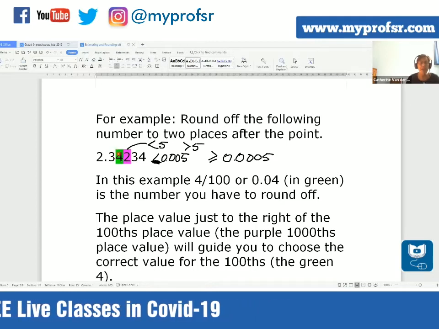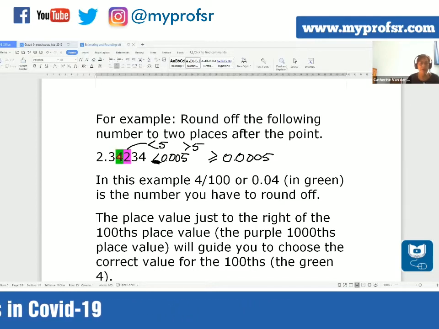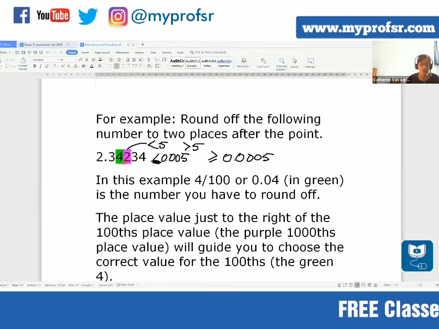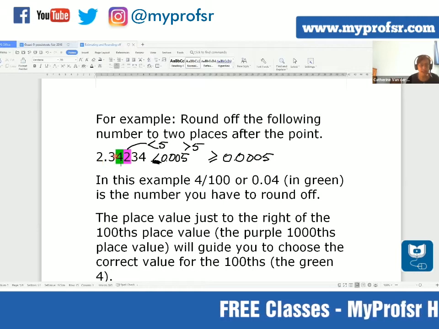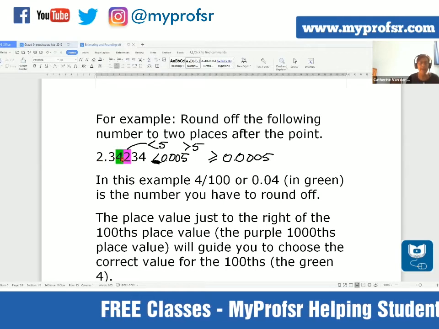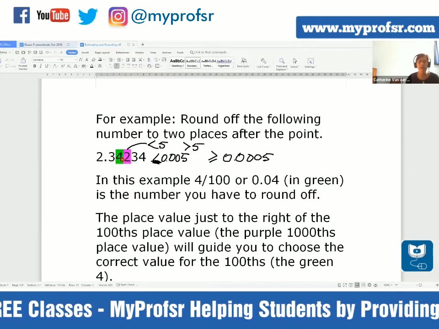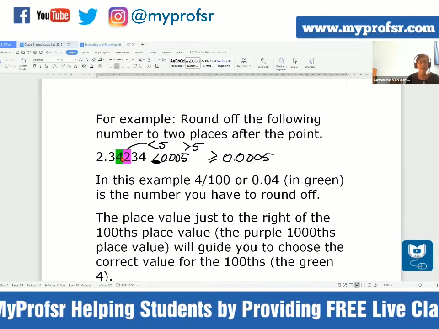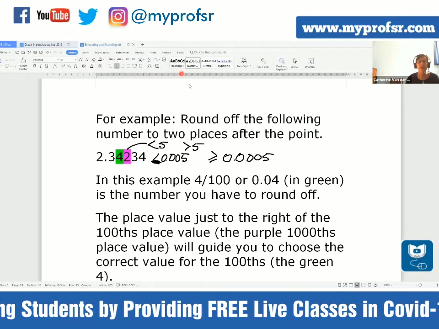And we're going to round off this number to the 4, so it's going to stay 4. Can any one of you give me an idea of what the answer would be.